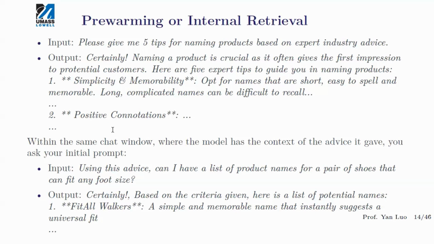So in this same chat window, you can follow up with a new prompt saying, use this advice. I have a list of product names for a pair of shoes that can fit any foot size. So this is an example of so-called pre-warming. You can prompt the model to give you a list of guidelines, and then you can say, okay, follow these guidelines. Can I have a list of the product names?